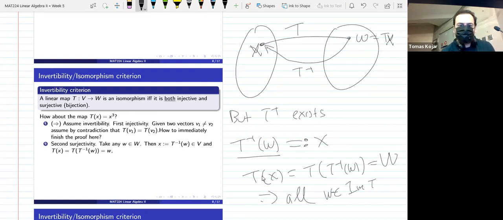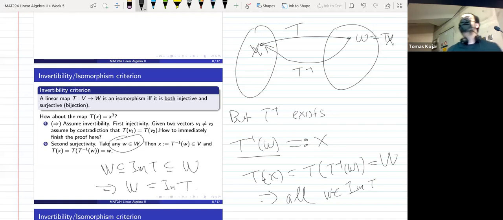So we showed that if you give me any W, we showed that this is a subspace of image T, which itself is a subspace of W by definition. So you get that they're equal. That's the definition of surjective.